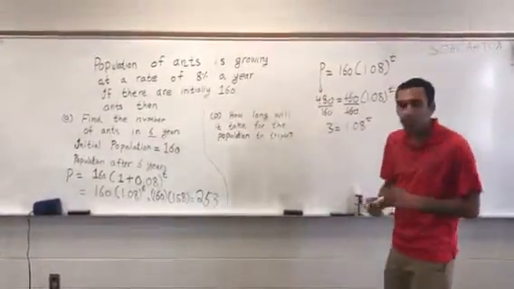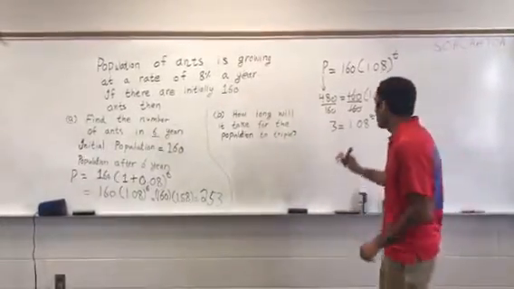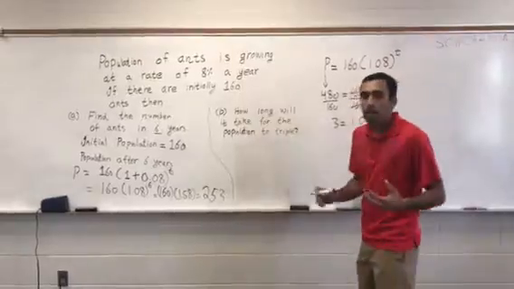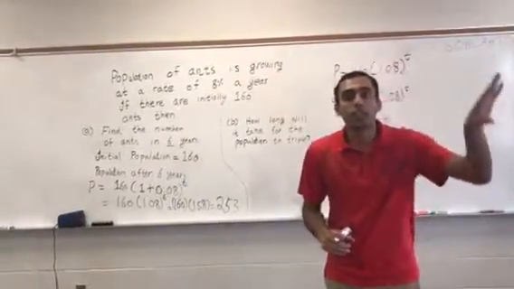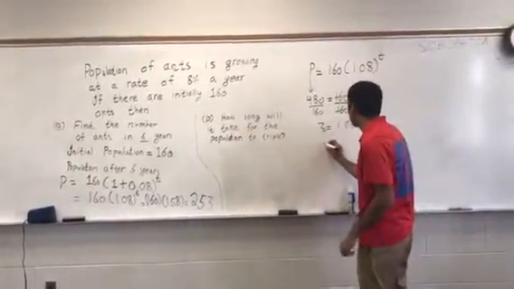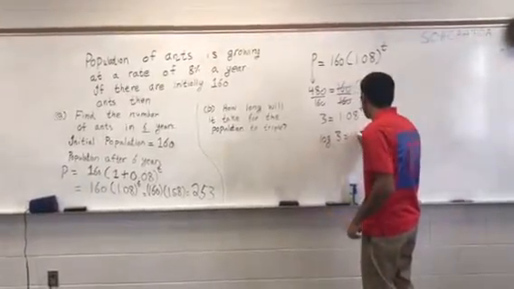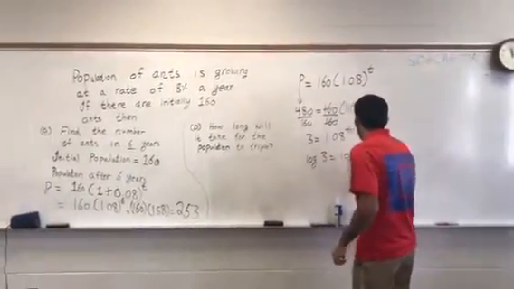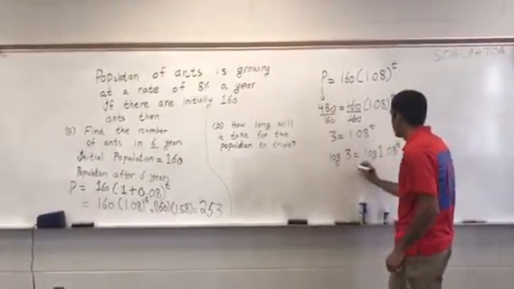So to get t by itself, how do you get rid of an exponent? You take the log of both sides. So when in doubt, log out. So log of both sides: log 3 equals log of 1.08 to the power of t.